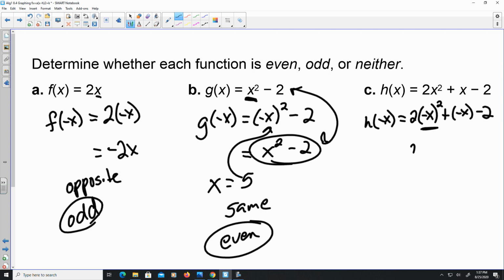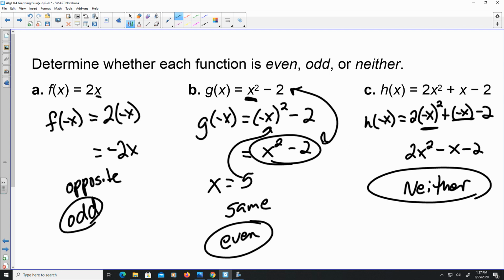So this is just going to be 2x squared. This right here will now be minus x minus 2. So this is a situation where it's not the same, but it's also not the opposite. Because it's neither the opposite nor the same, this is neither an odd nor even function.